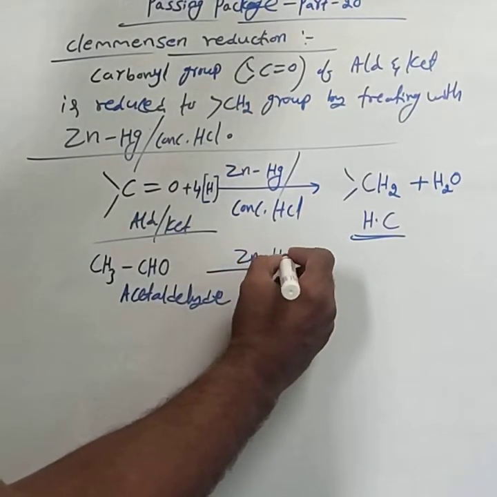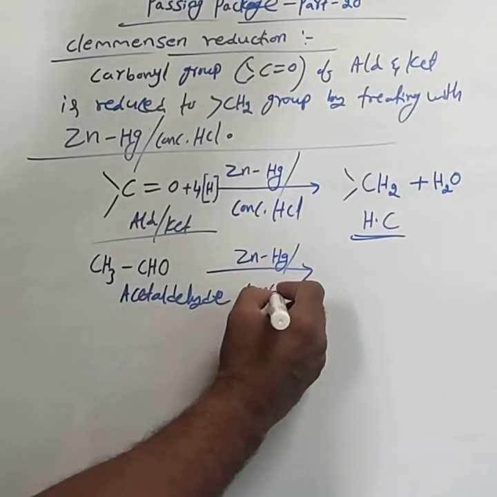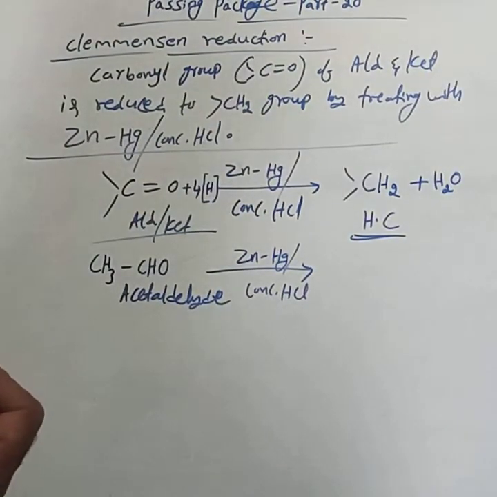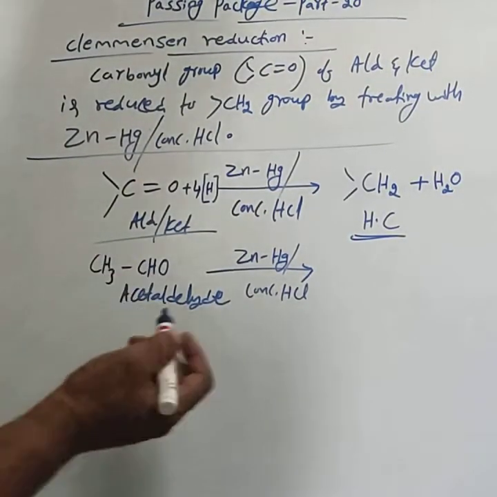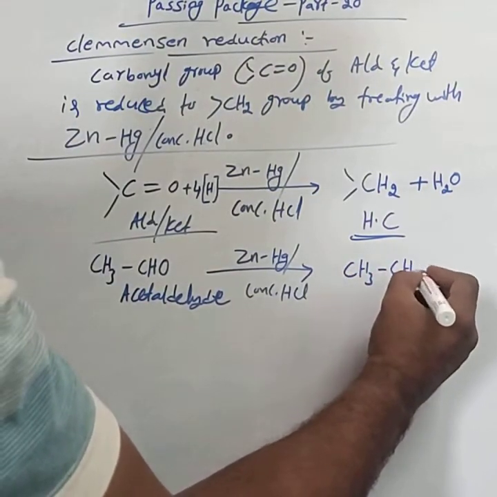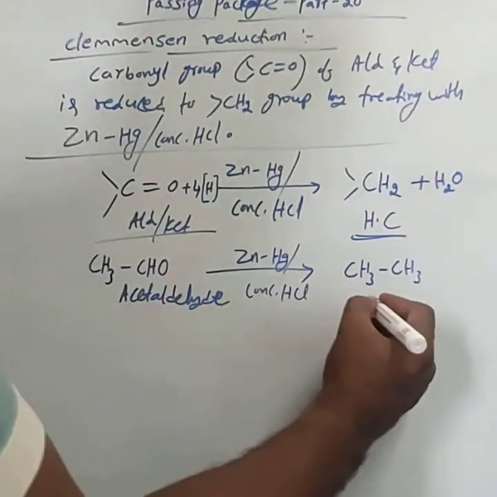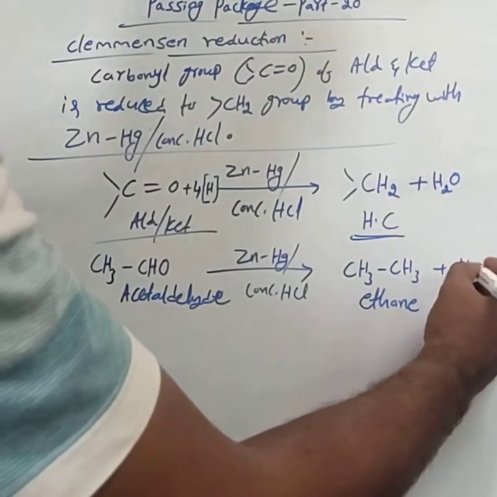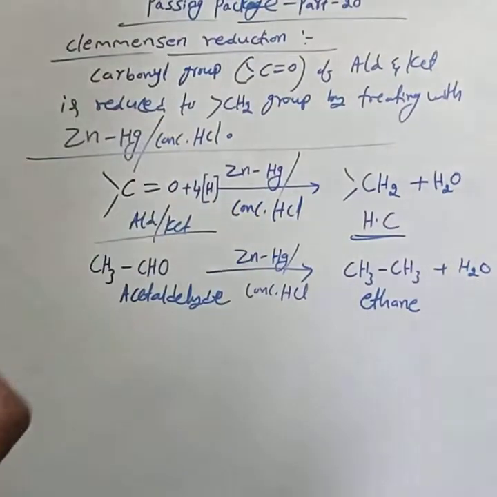Acetaldehyde is treated with zinc amalgam in concentrated HCl. Can you expect the product formed? Acetaldehyde on reduction gives CH3CH3. CH3CH3 means ethane, removing the water molecule.